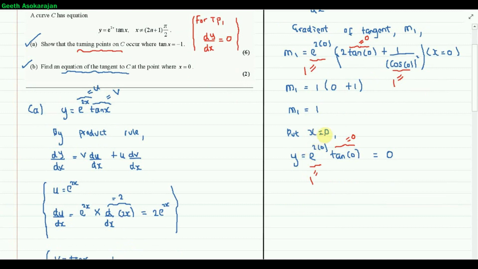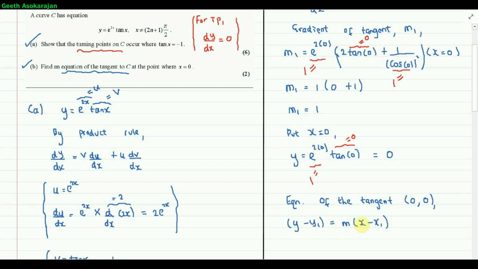And now that we know the coordinates of the point where the tangent passes through, and we also know the gradient of the tangent, since the tangent is a straight line, let's use the straight line formula to work out the equation of the tangent, at the point where x is 0 and y is 0. So let's use y minus y1 equals m into x minus x1.